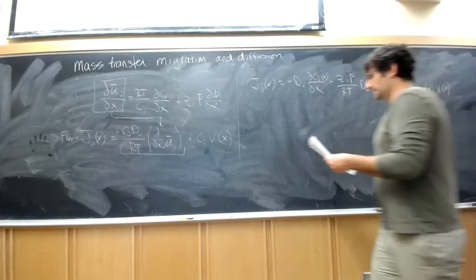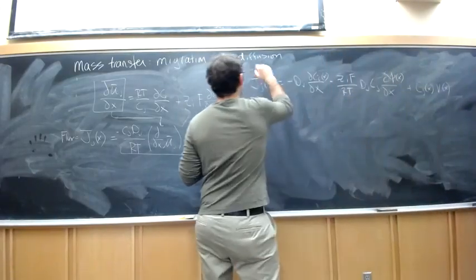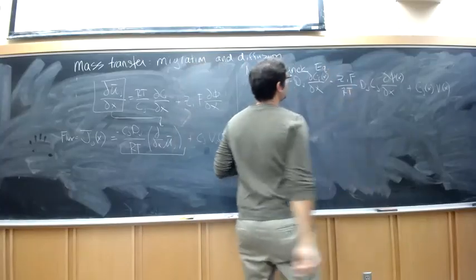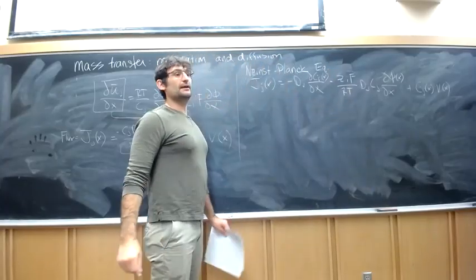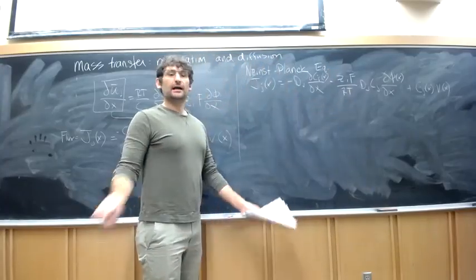And this is called the Nernst-Planck equation. This is actually the same equation you derive in semiconductor physics, in a lot of different contexts.